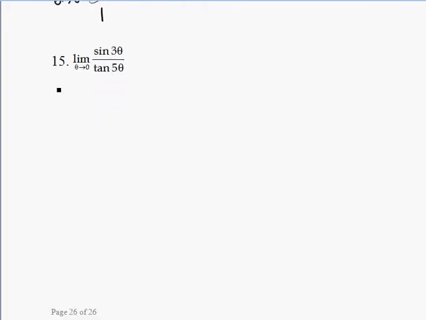Again, tan theta, don't really know a whole lot about it. But if I can change tan into sine, and as a consequence, I'll end up working with cosine, that's okay, because cosine of 0 is 1, that's not a problem. It's the sine, that's the problem. Okay, so now let's pretend that this is a big division bar.